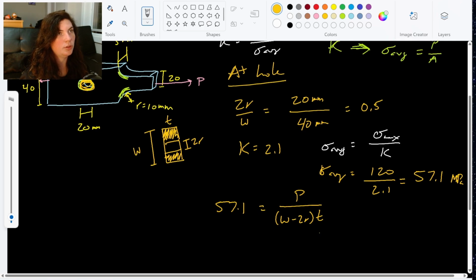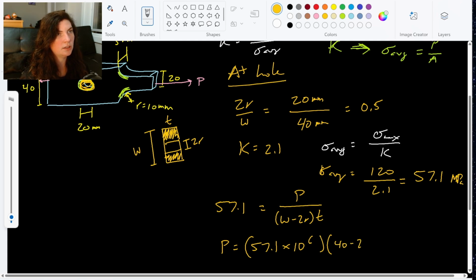So I can just go ahead and multiply that over to the side. So I get P equals 57.1 megapascals times 10 to the 6th, so that's in pascals. Then that W minus 2R, W is 40, minus 2R is the 20.